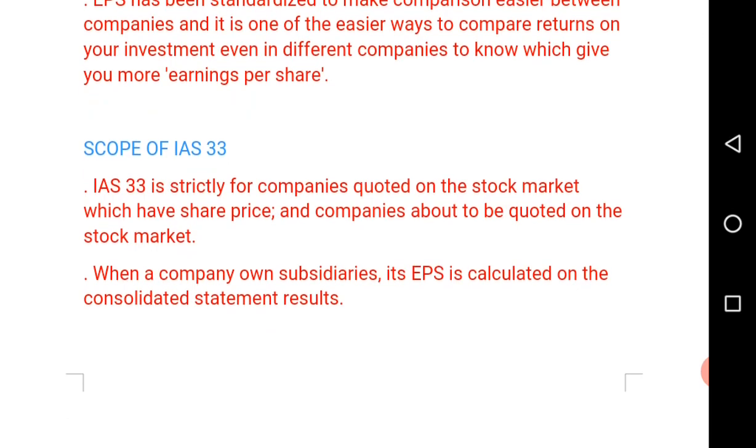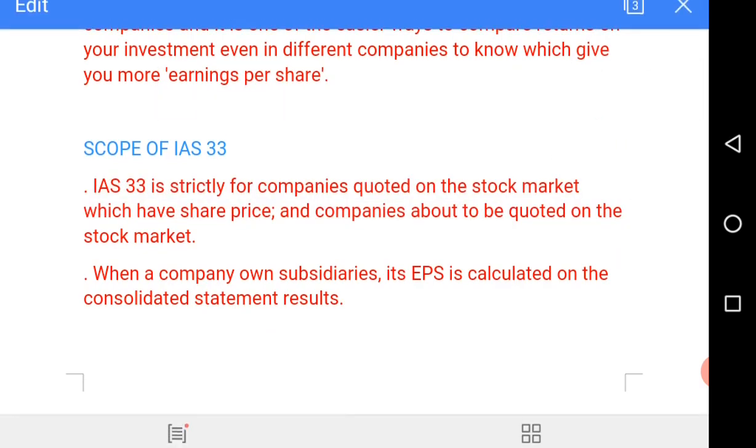Then it goes on to say when a company owns subsidiaries.